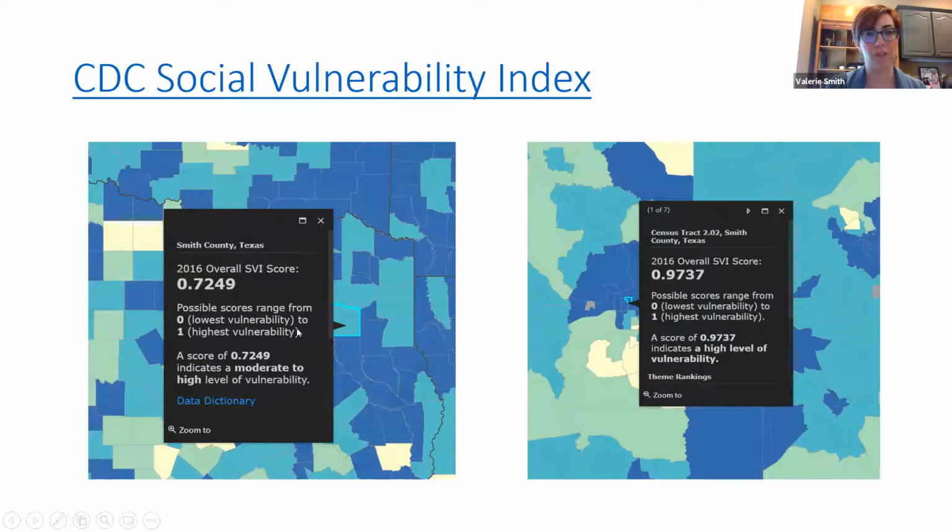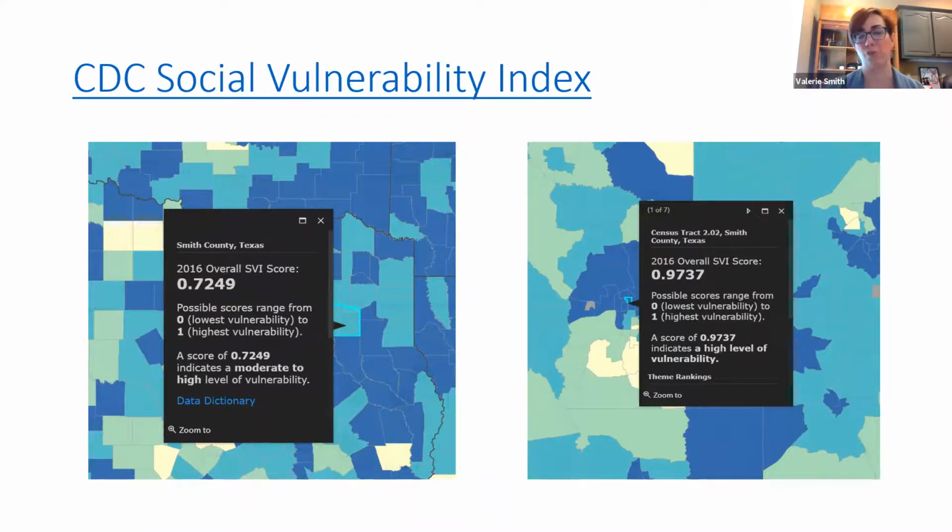And this is our county, and it scores things from 0 to 1. A 1 is the most vulnerable, and they use 4 basic categories of classification: socioeconomic status, household composition, race, ethnicity, and language, and then housing and transportation. If you look at my county, Smith County overall, it scores in that moderate range, right?